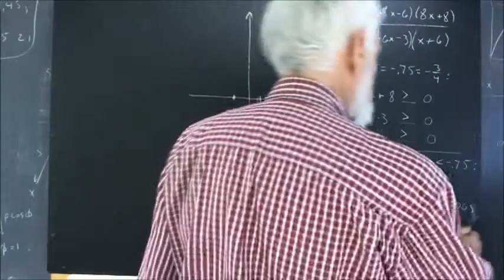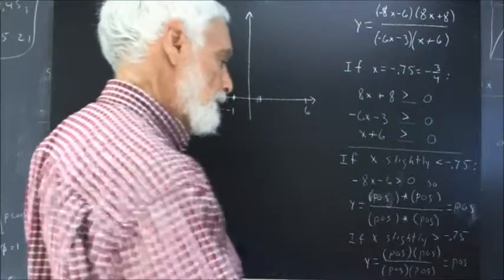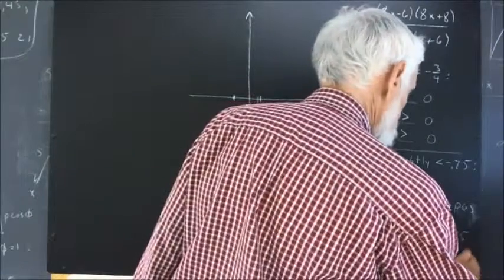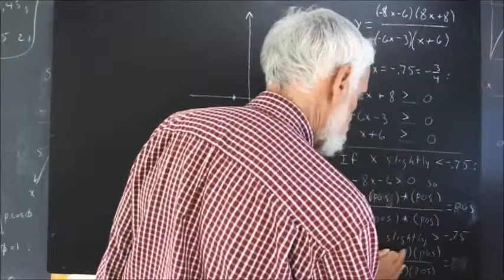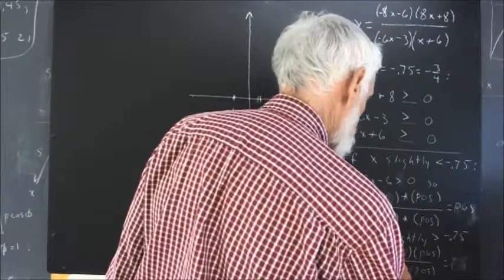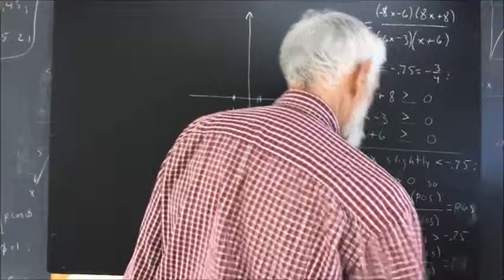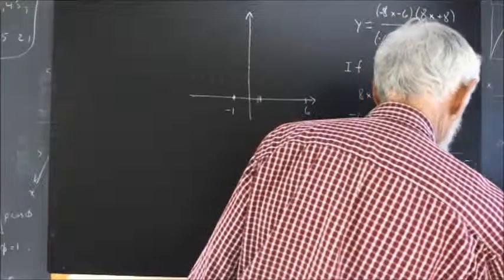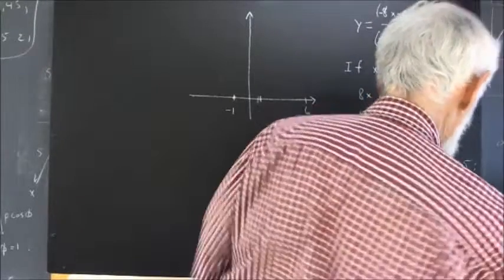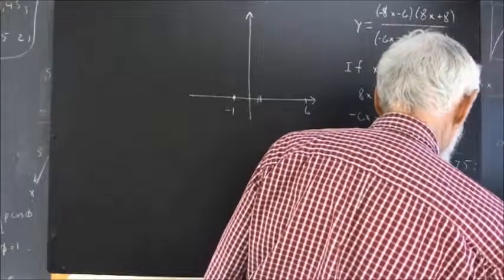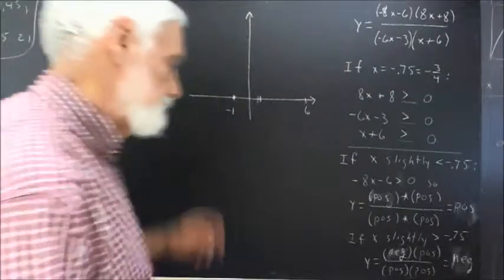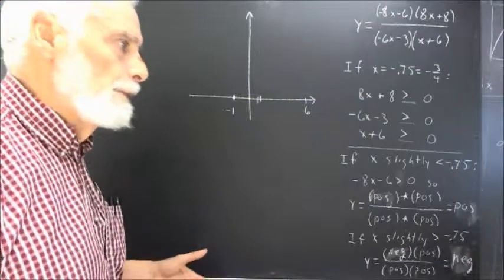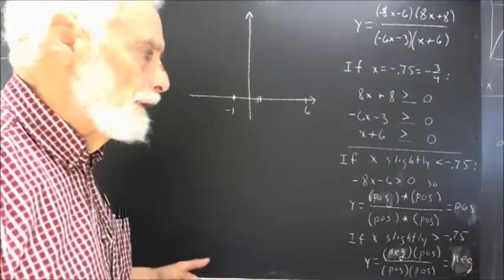Now if x is slightly greater than negative 0.75, that's going to make this negative, which is going to make this negative. Now that's going to give us information about the graph of this function.